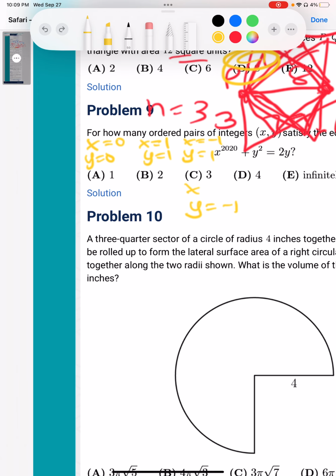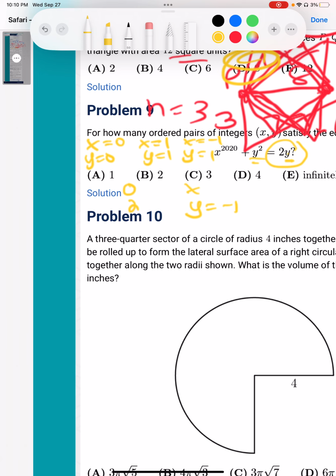Let's see, X could be negative, well, oh, we can have 0 and then 2, right? 0, 1, well, 4, I think, right?